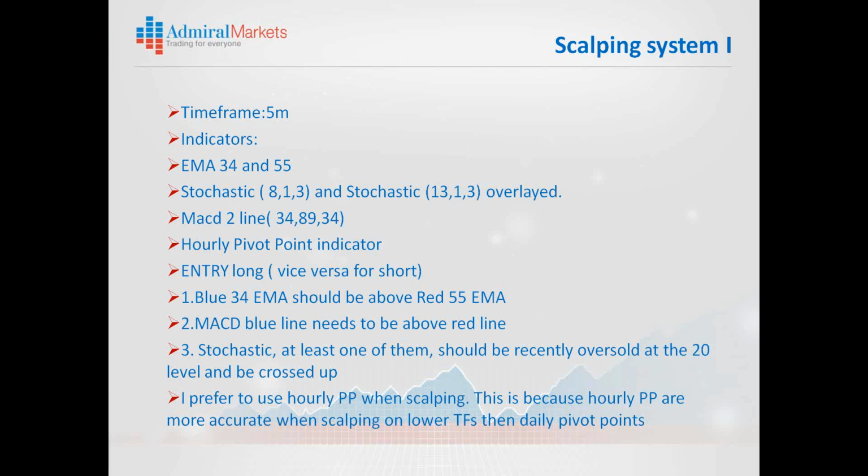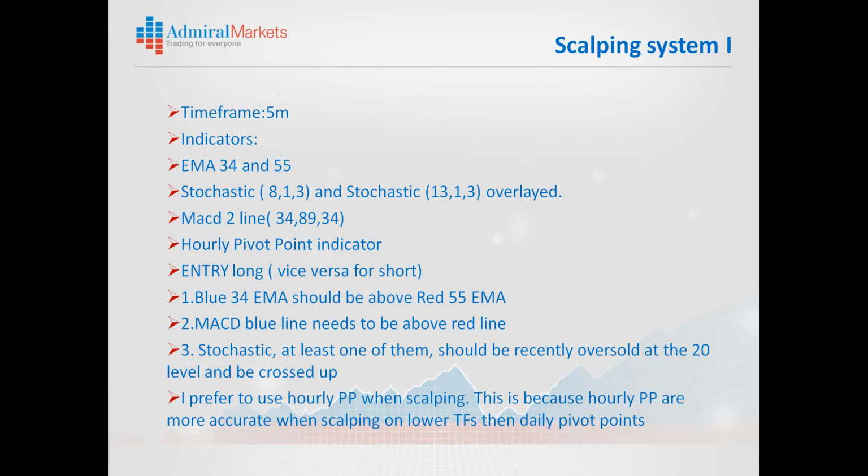So they're overlaid. Both stochastics are overlaid under the one indicator window. I presume that you already know how to do it. Just drag, after you put stochastic 8 1 3, you just drag the second onto it, and you will see them both overlaid. A MACD 2-line indicator with 34, 89, and 34 settings.